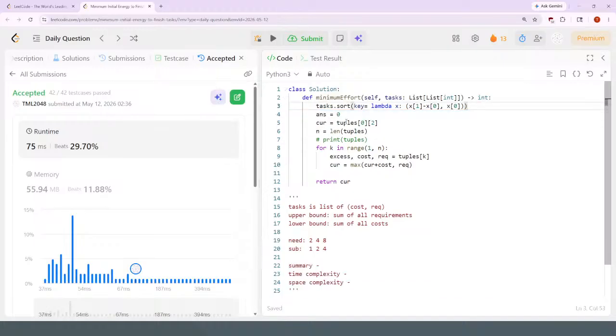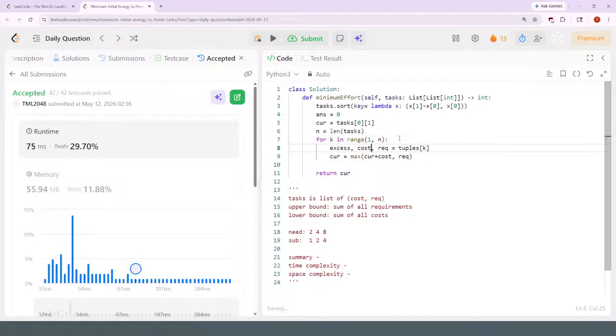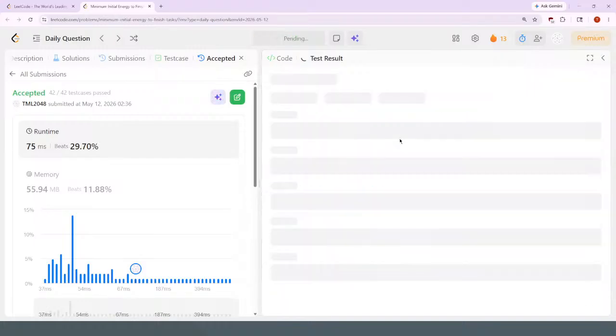And now I just need to use tasks. So the first task, the cost of it, and then for everything after that, I guess this would be task at k, pulled out the cost and the requirement. Okay, I think this is right, or I think this might work.